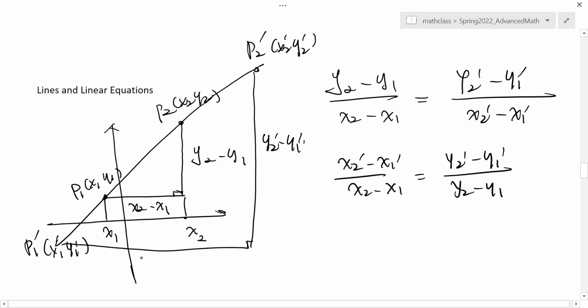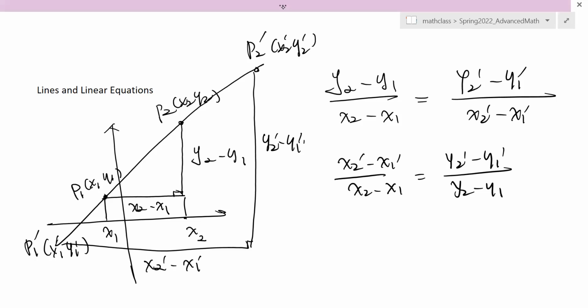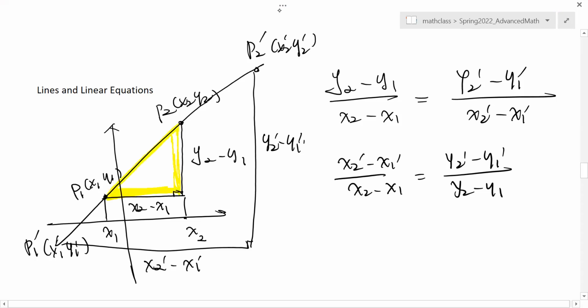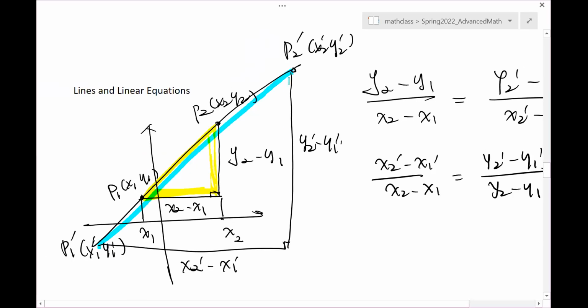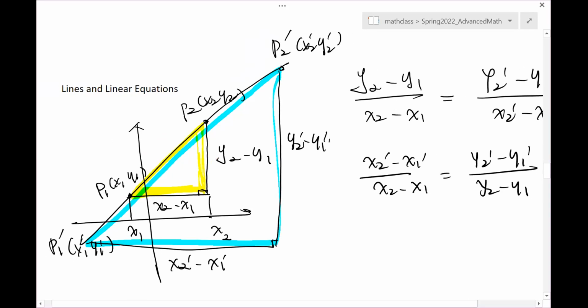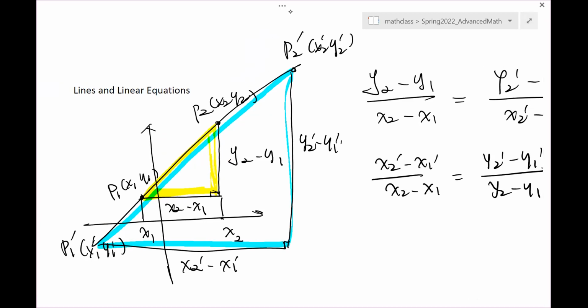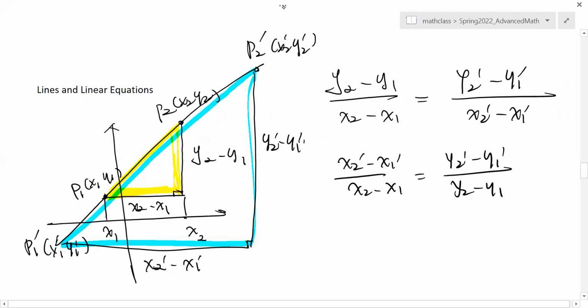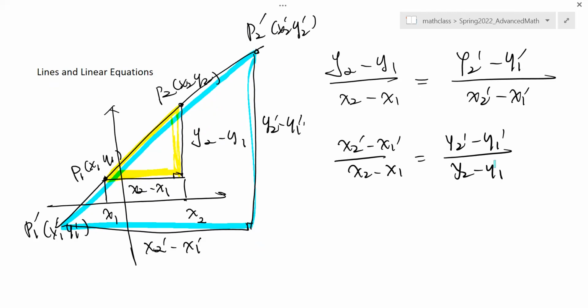Here is x2 prime minus x1 prime. These two triangles are similar, so therefore the ratio of the corresponding sides are equal. So from the second equation, you can get the first equation.